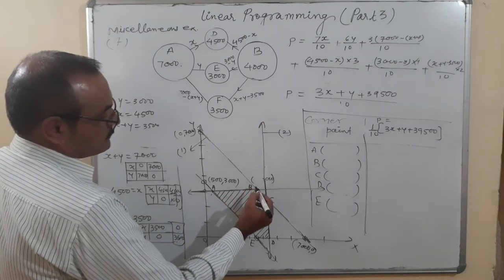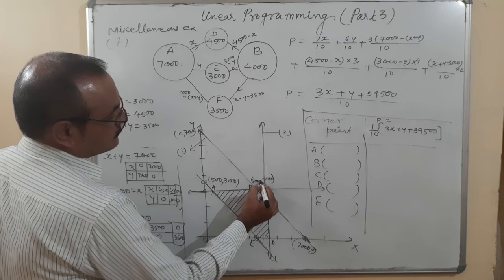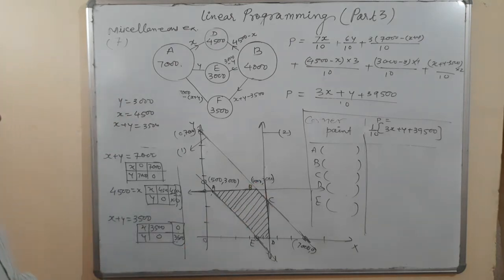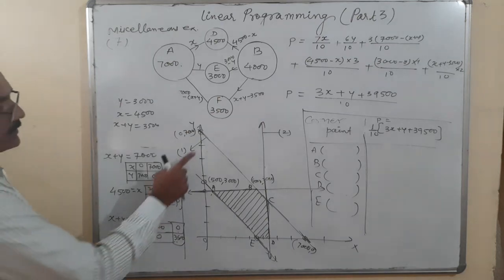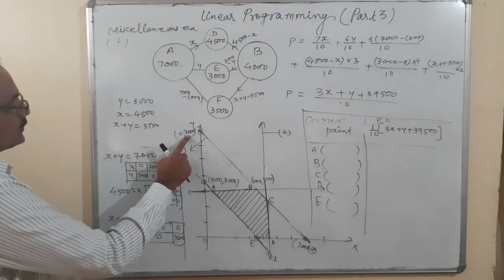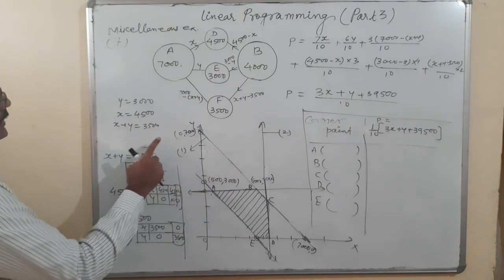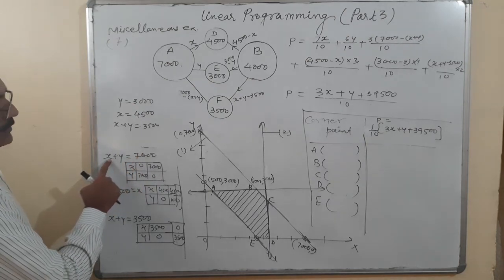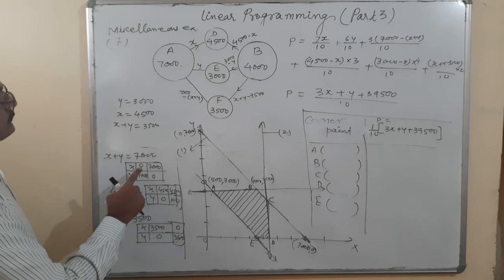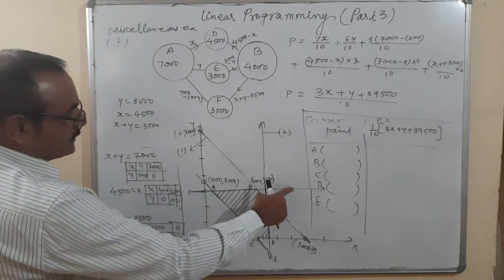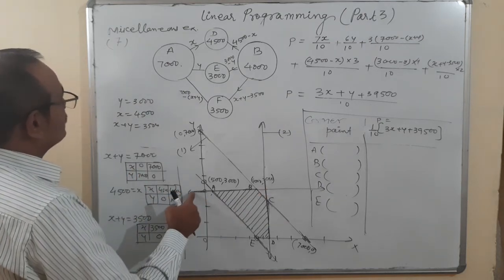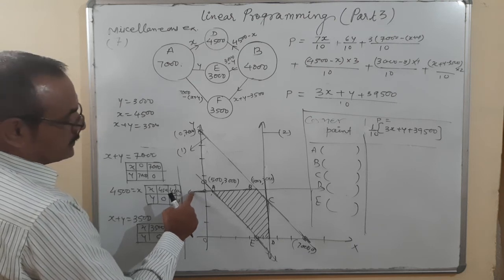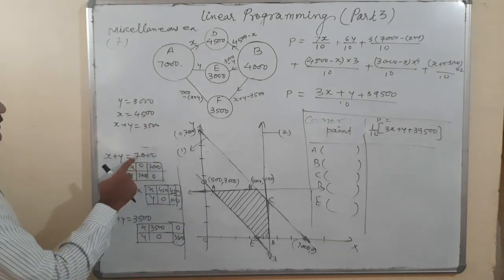Okay, 4000, 3000. X is equal to 4000 and y is 3000. This I am unable to understand, because the first line is 0 comma 7000. X plus y is equal to 7000, and when I put y is equal to 3000, because that is the line parallel to x, so y is equal to 3000.